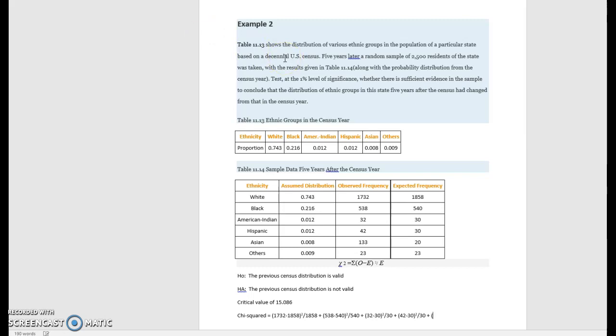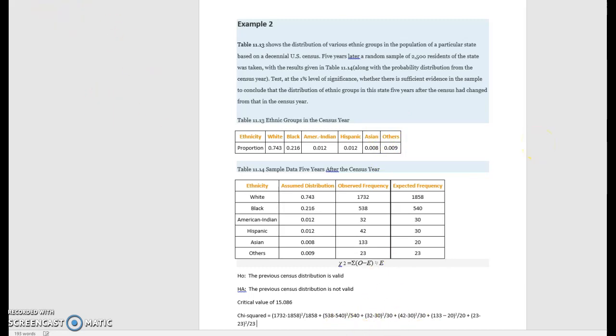And then our fifth row, 133 minus 20, quite a surge there, squared divided by the expected value of 20. And finally, 23 minus 23 squared divided by 23.